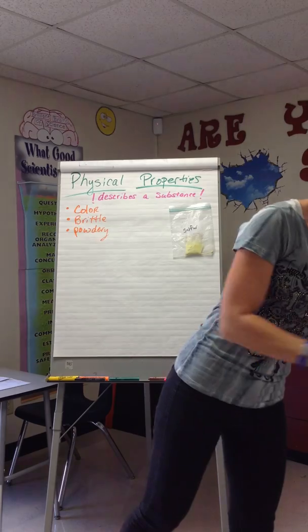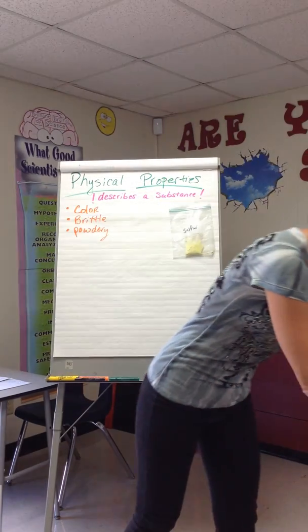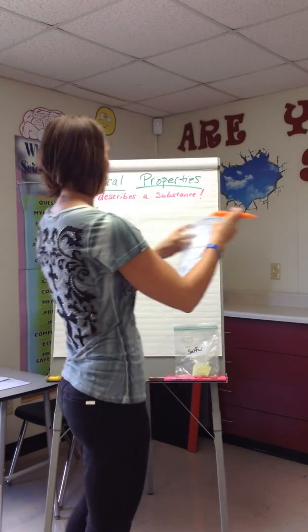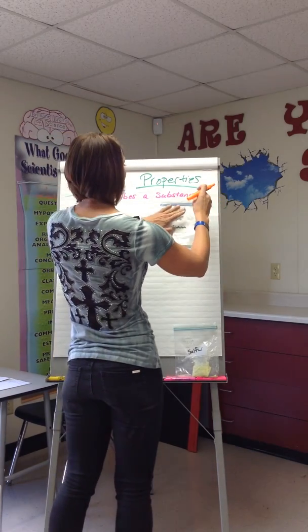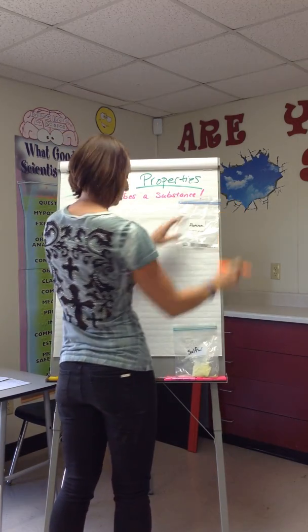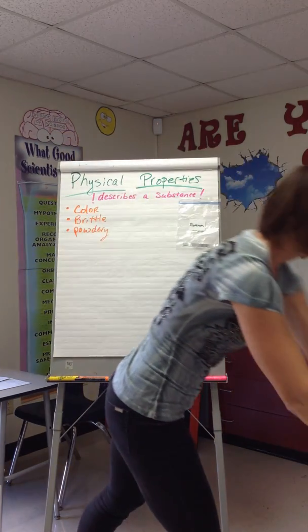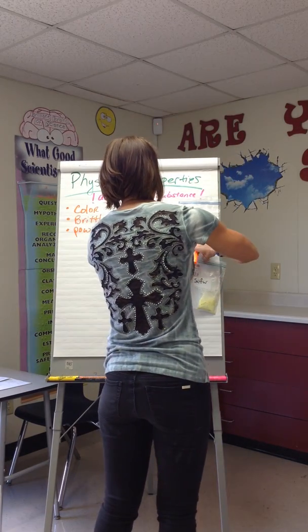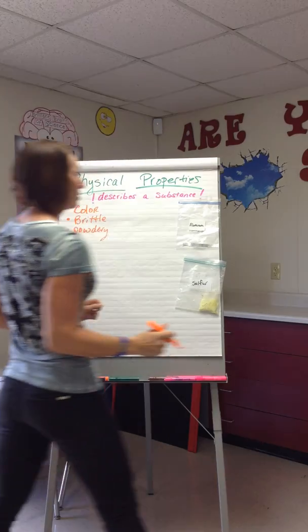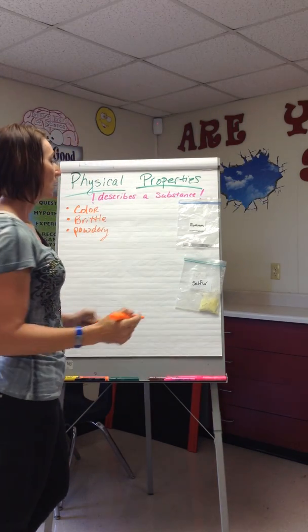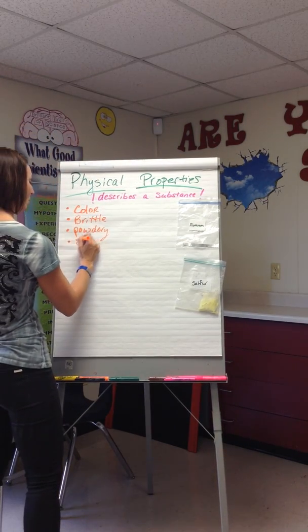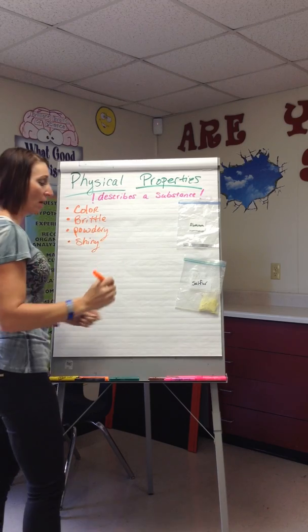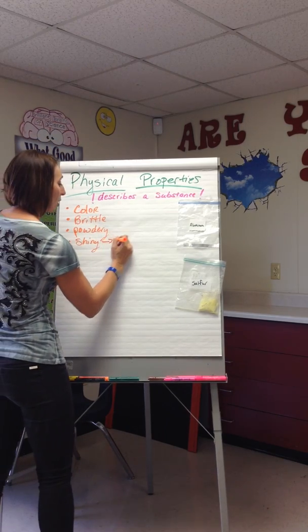Then we have some aluminum. So sulfur, we have aluminum. Aluminum is shiny. That is also luster.